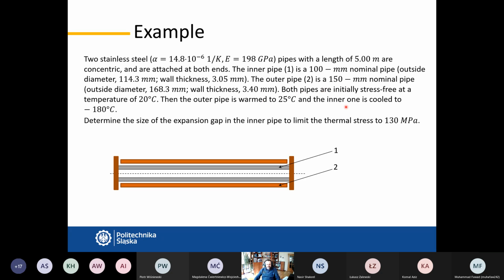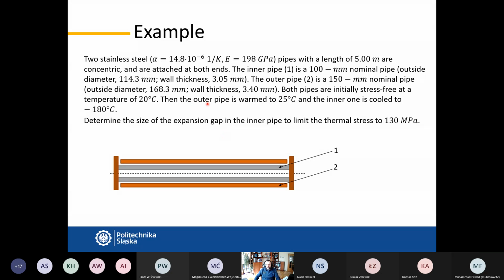Both pipes, as I said, are in stress-free conditions when the temperature for both of them is 20 degrees. So this is, let's say, the initial state at 20 degrees, so no stress occurs. They are perfectly fitted between these two connections.